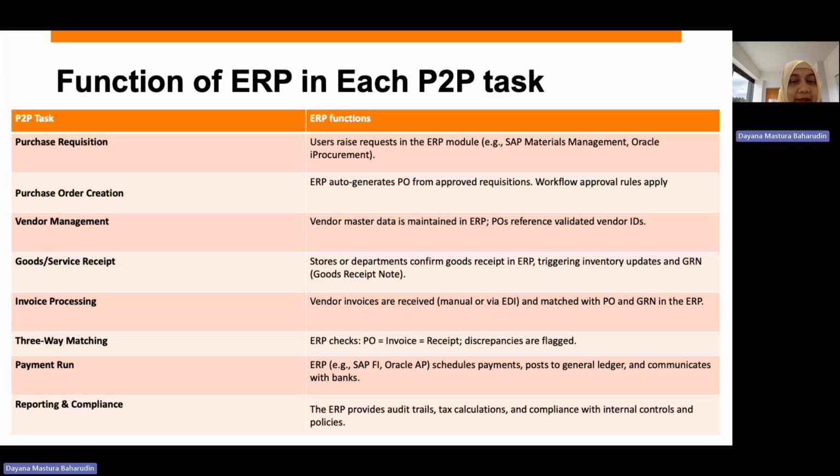And then we have the payment run, in which the ERP, either SAP FI or Oracle AP, schedules payments, posts to the general ledger, and communicates with banks. So payment run means that, I used to have a former colleague in Shell. She handled the payment runs, and we had this payment run team.